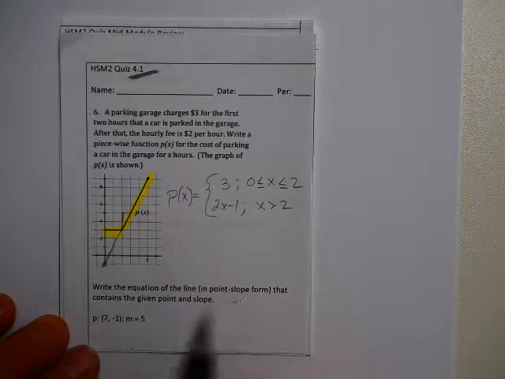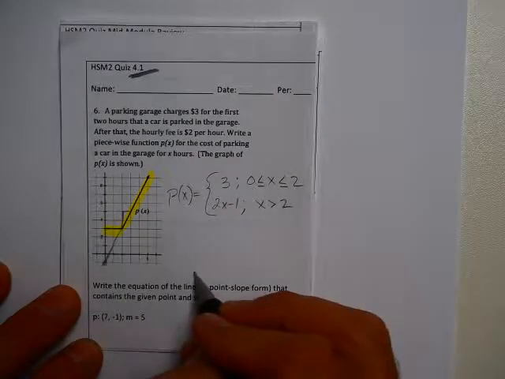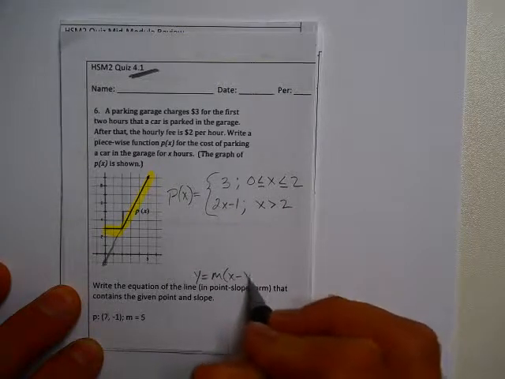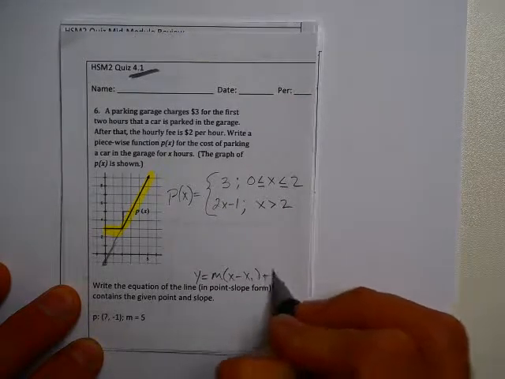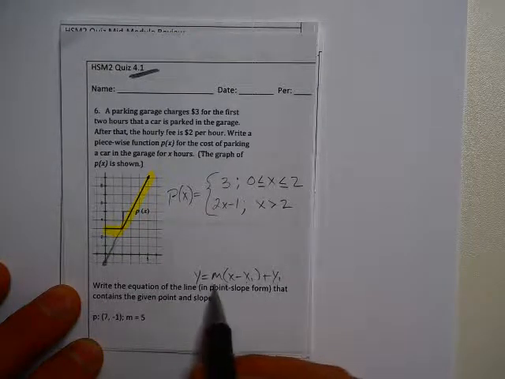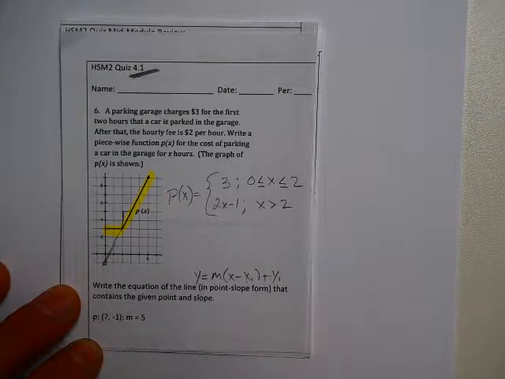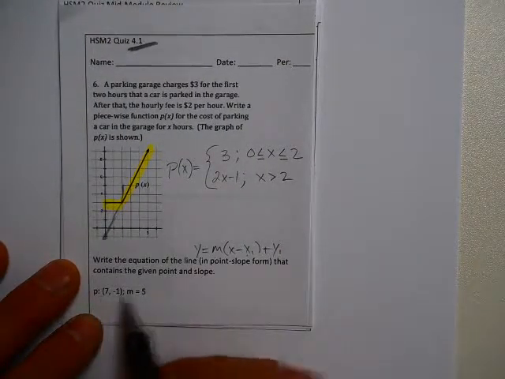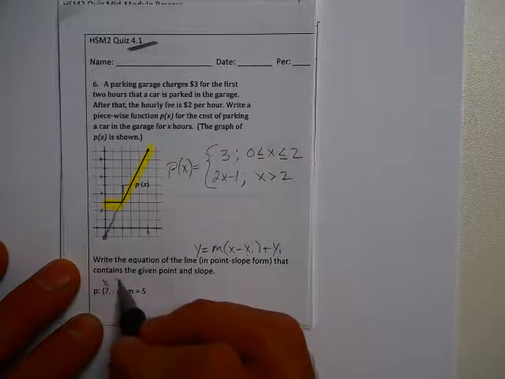Write the equation of the line in point slope form. This is y equals m times x minus x1 plus y1. It's where we know a point. These are your point values, and this is your slope. The x and the y are just variables. So really all we have to do is plug this in. This is going to be the x1, the y1.